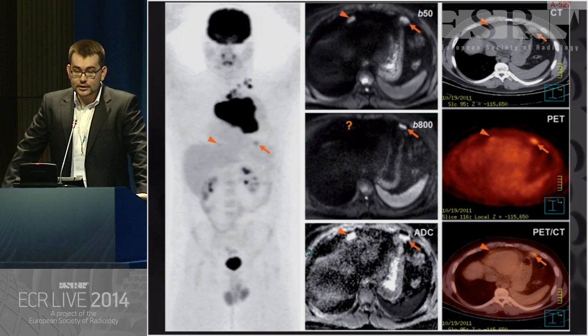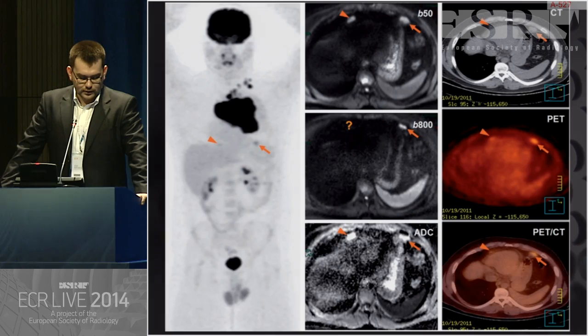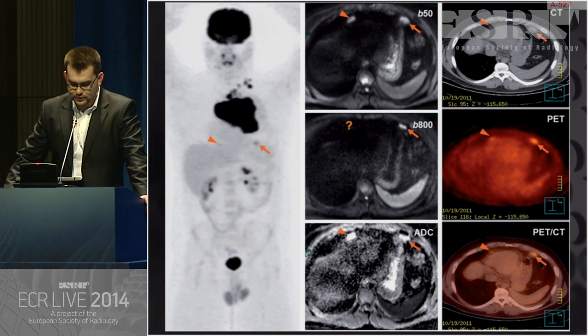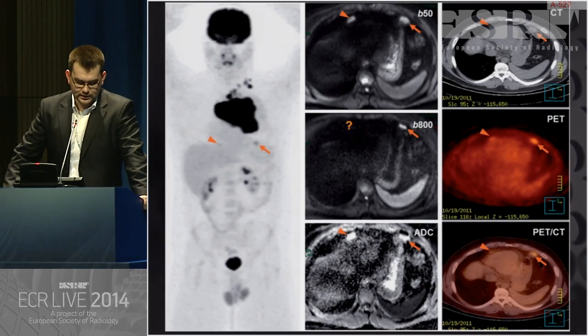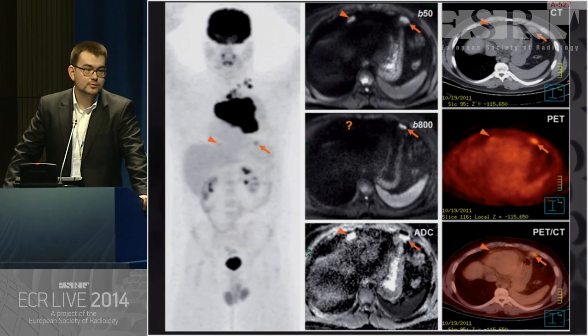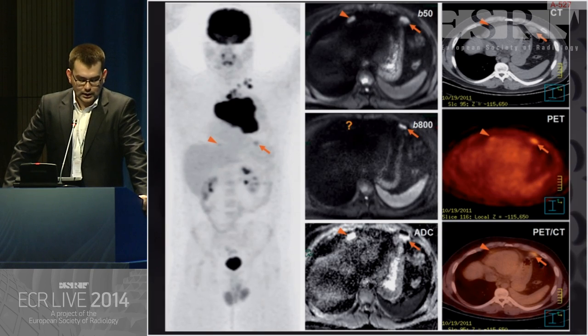But whole body MRI has some limitations. Here we can see the whole body FDG PET image in maximum intensity projection and 3T diffusion-weighted images, including the ADC map, of a 19-year-old patient with primary mediastinal B-cell lymphoma.